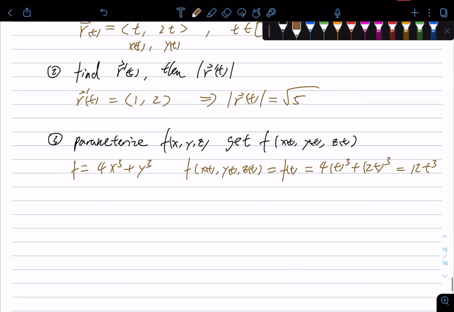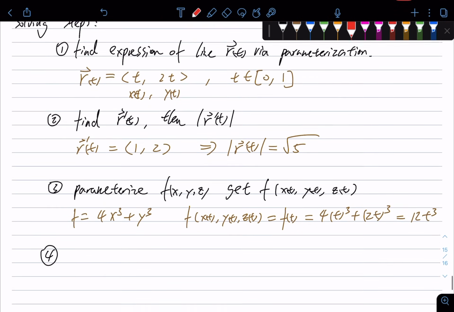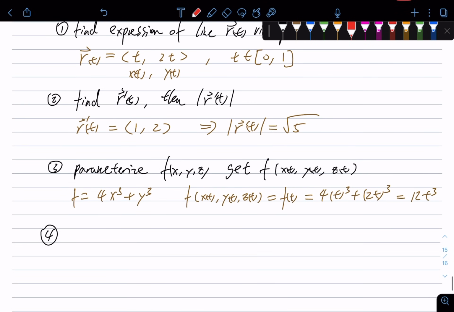Okay? And then step 4, now we have all of the information that we need to assemble the line integral in scalar field problem, which is going to be the integral from a to b of f of x of t, y of t, z of t, multiplied by r prime of t in magnitude dt.